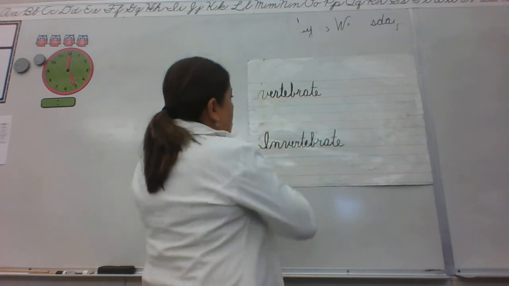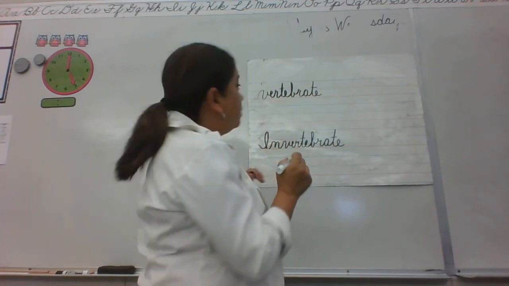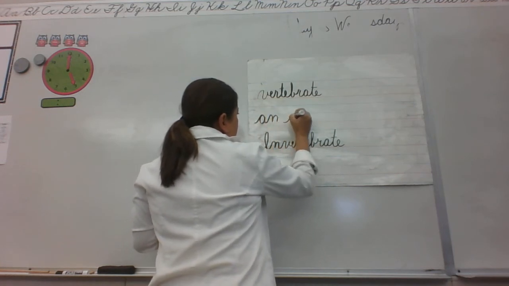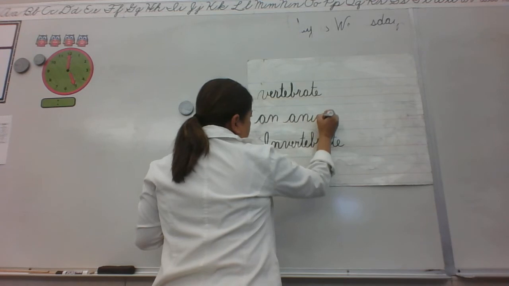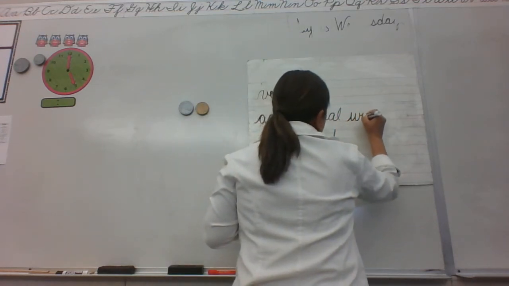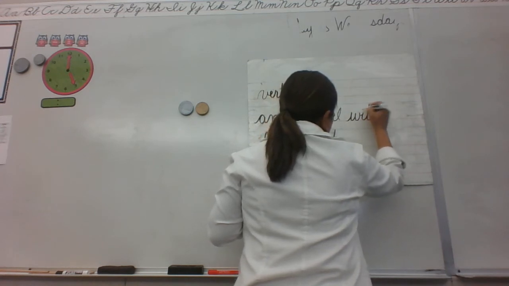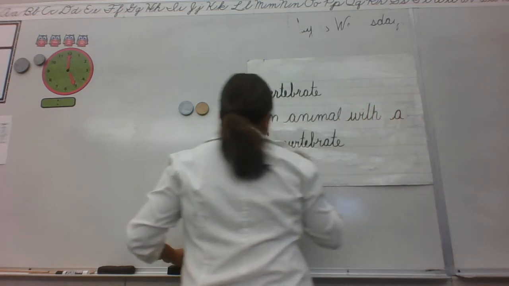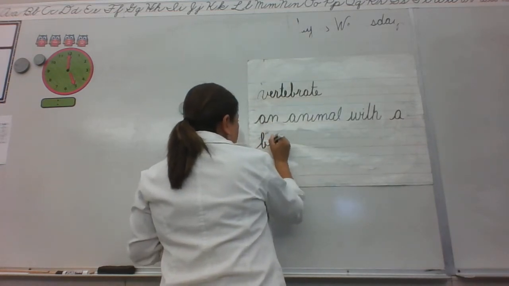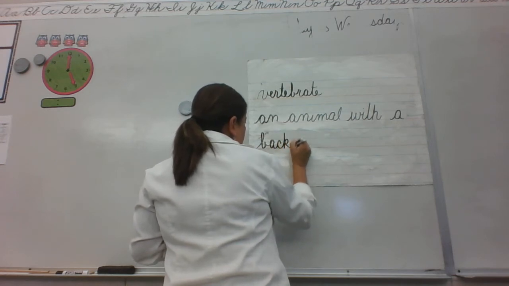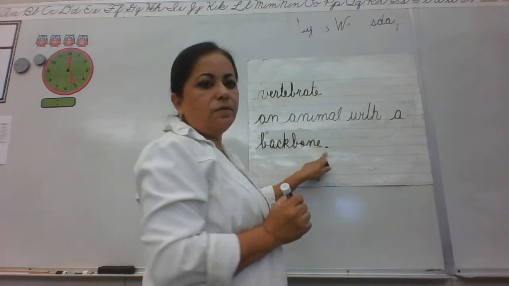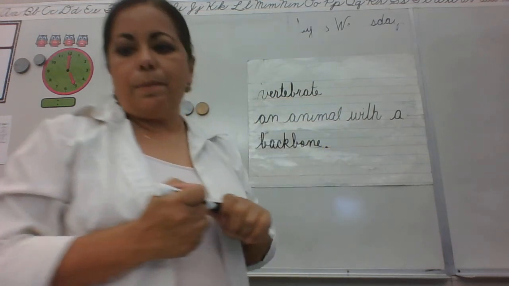So a vertebrate, on the line, it's right underneath it, is an animal with a backbone. And there's a period at the end of my sentence.